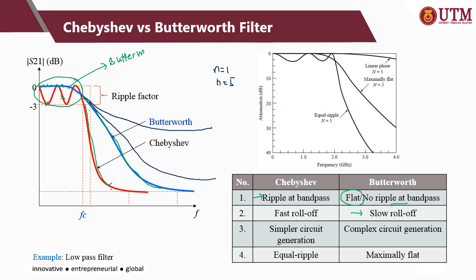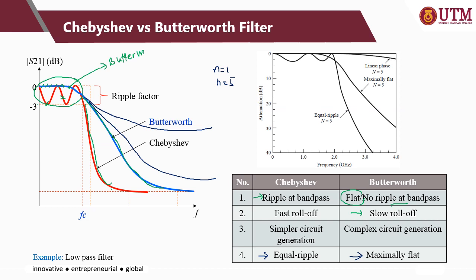In terms of circuit generation or development, the Chebyshev has simpler circuit generation, while the Butterworth has more complex circuit generation. And lastly, the Chebyshev is also known as equiripple, while the Butterworth is also known as maximally flat.